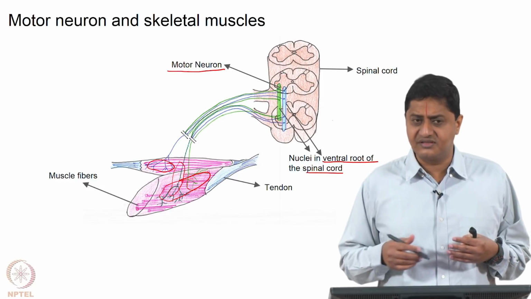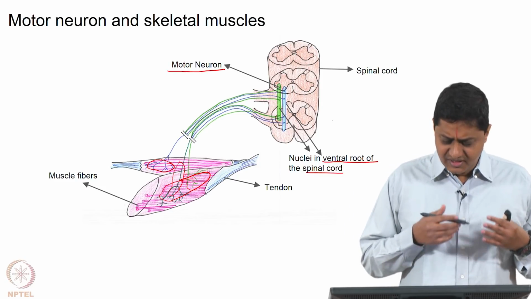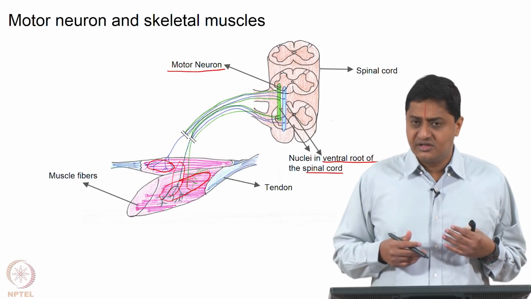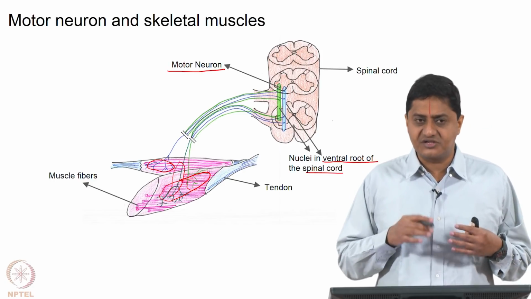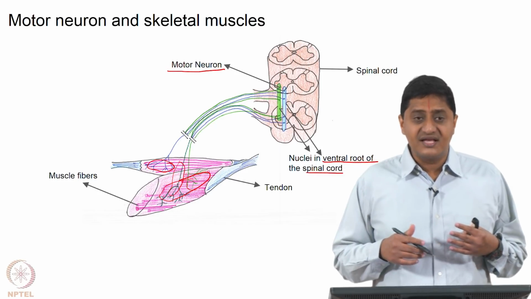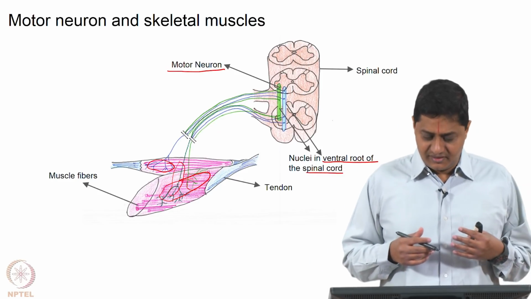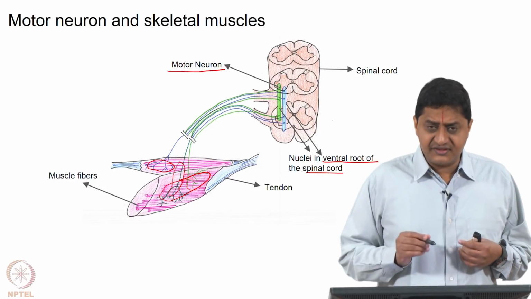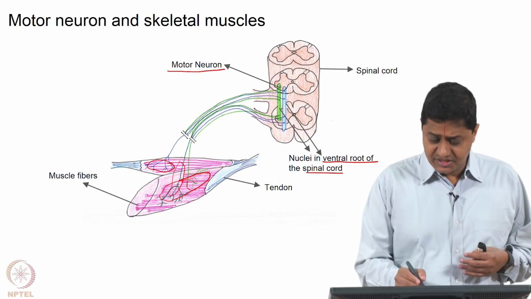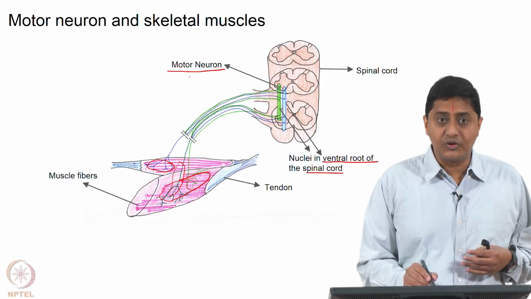Why? We have repeated this multiple times: due to the response of the nicotinic cholinergic receptors and sodium entering inside, an action potential is caused, and then there is excitation contraction coupling, and eventually force is produced. Because they are responsible for movement generation, these neurons are called motor neurons.